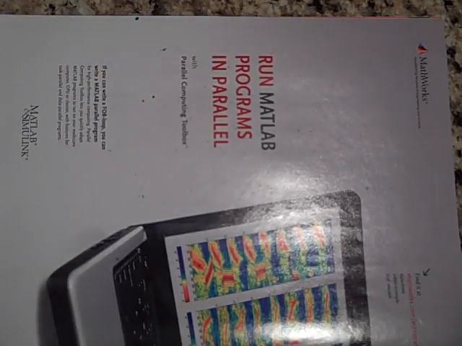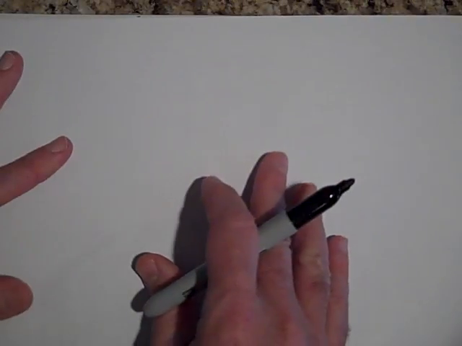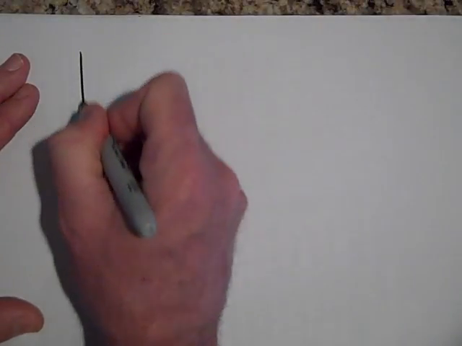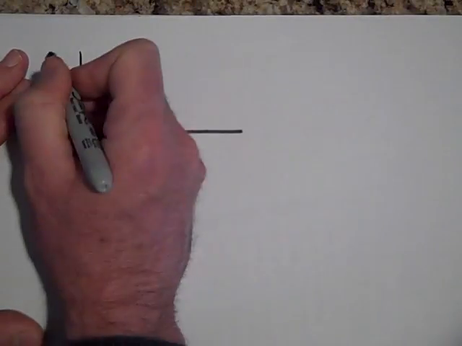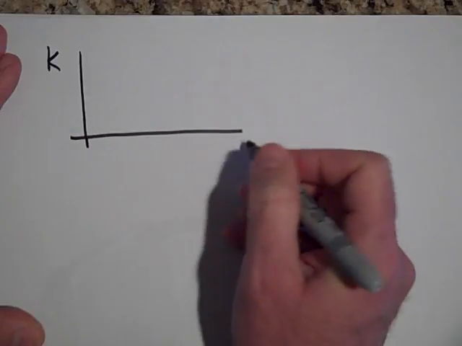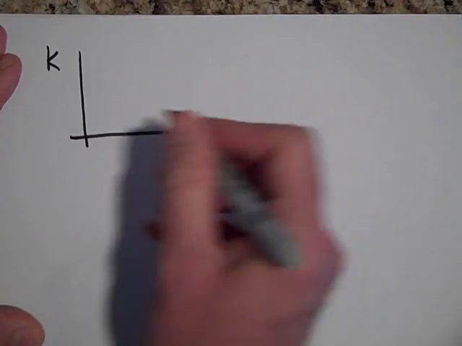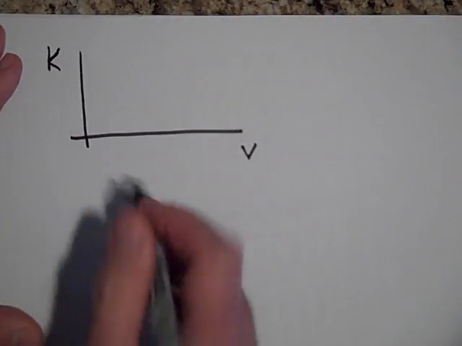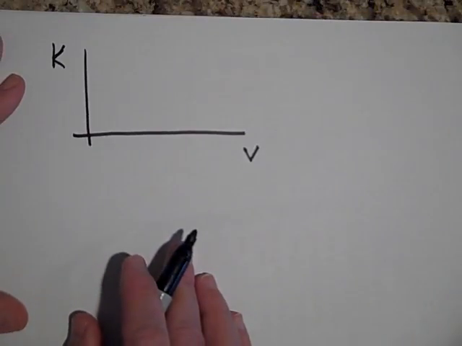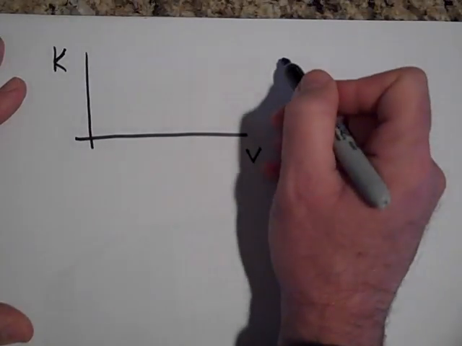Kinetic energy. If I were going to plot an object's kinetic energy and its velocity, a capital K, that's not going to give me a straight line. What will give me a straight line?